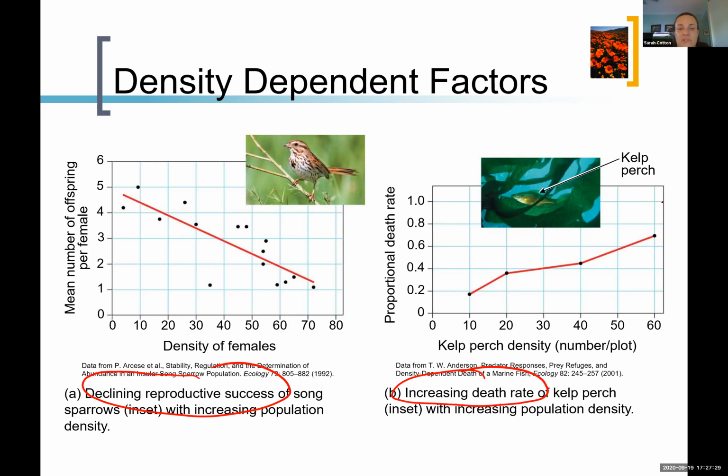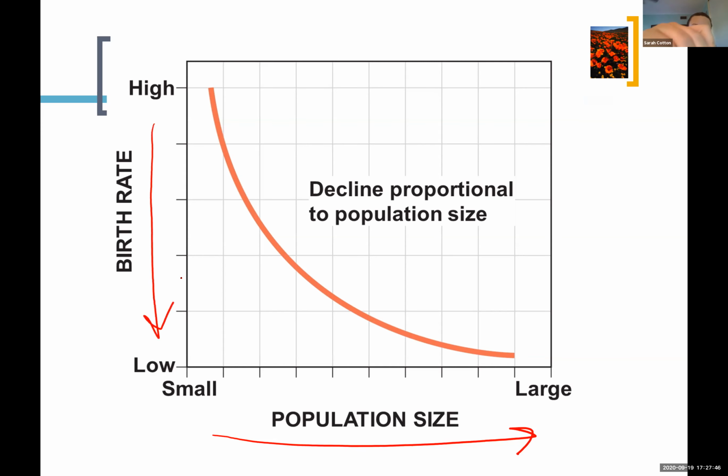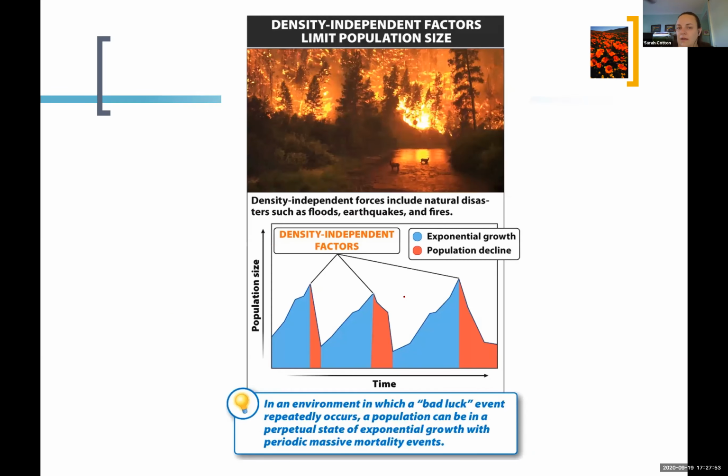So in general, the larger the population size, the lower the birth rates. That's what this graph is telling you. As population size gets bigger, birth rates get lower, and so the graph goes like that. If that's what a density dependent factor is, think about what a density independent factor must be.